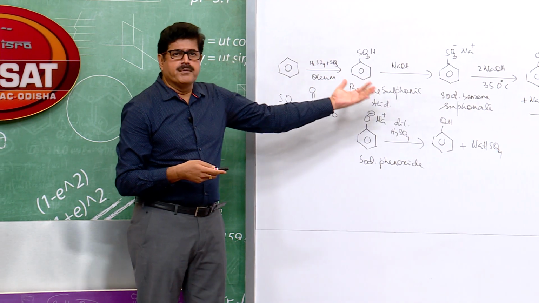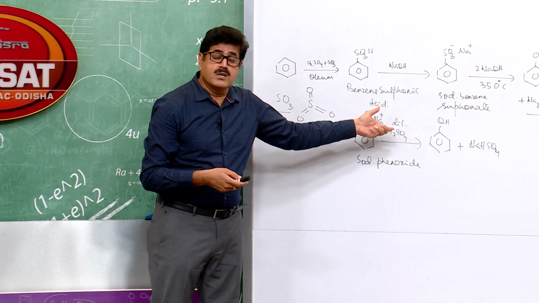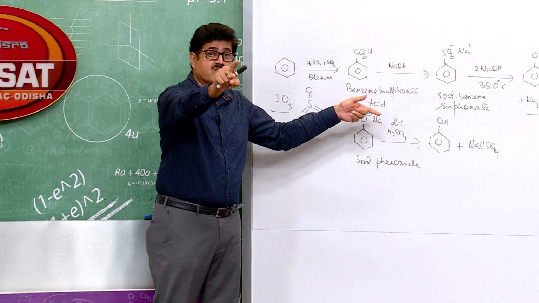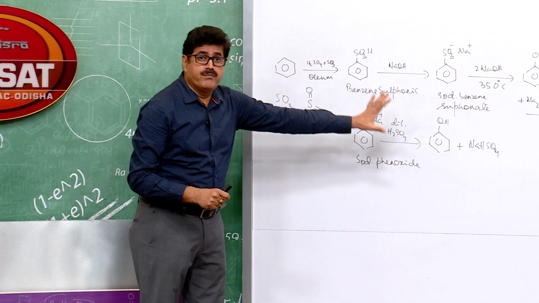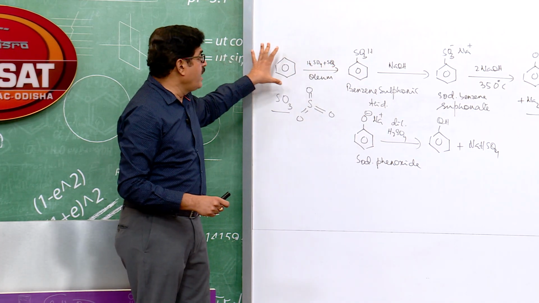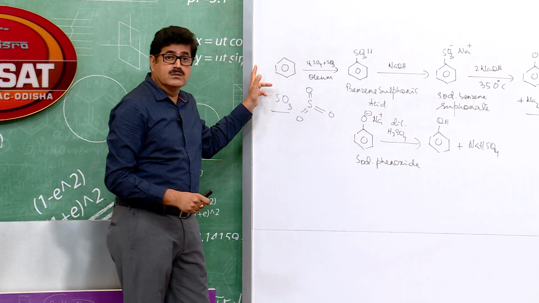We can prepare phenol in this way also. I have told you this was the first commercial method of preparation of phenol in Germany in the year 1890, that they started preparing phenol from benzene sulfonic acid. But I have shown you how to prepare phenol from benzene.